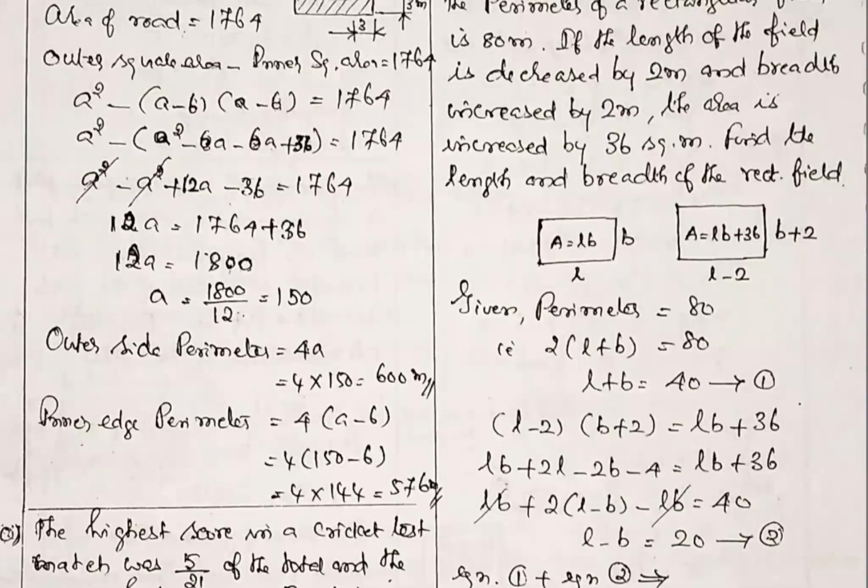Once you get the idea, the problem is easy. Don't put only 36; some people put only 36. Already LB is available, plus 36. Now remove the bracket and solve equations 1 and 2, and you will get L and B.